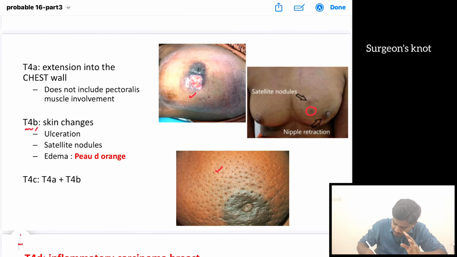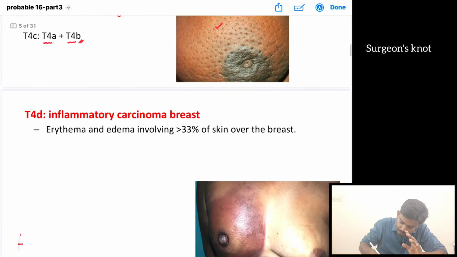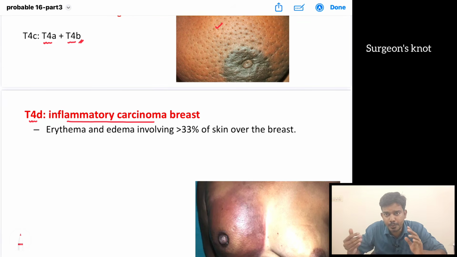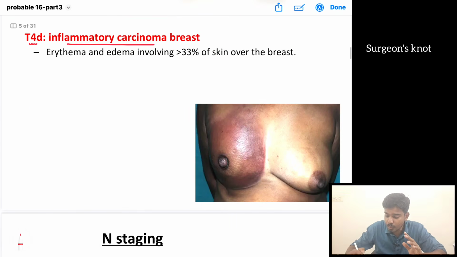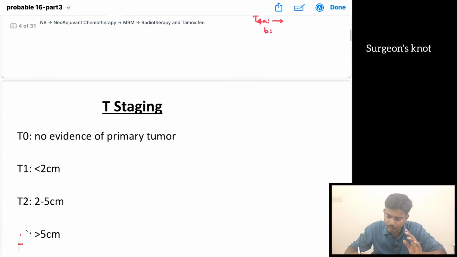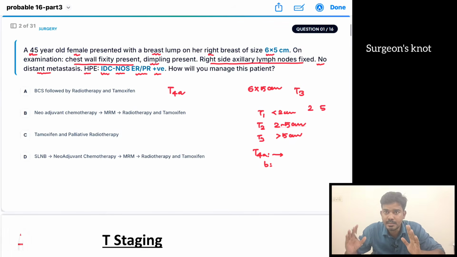T4C is if there are skin changes along with chest wall involvement. Then we have T4D, that is inflammatory carcinoma of breast. Here if there is PUDRH and edema involving more than 1/3 of the breast, as shown in this image, it is T4D. Here there is no skin involvement. Okay, so the staging is T4A.